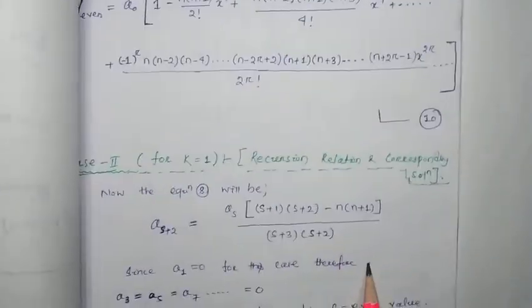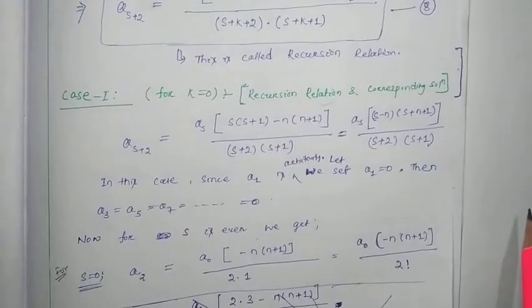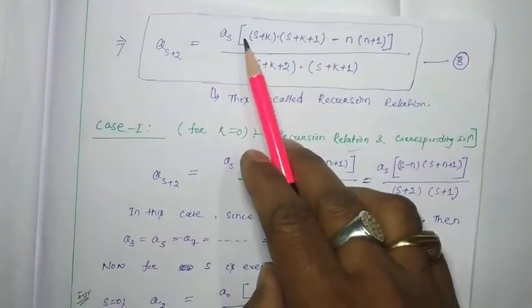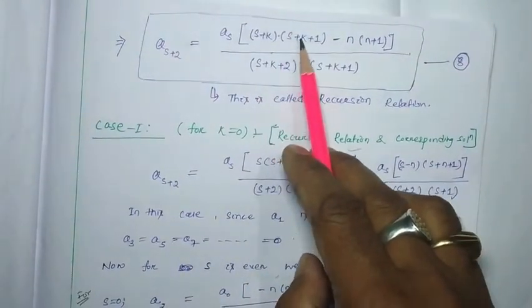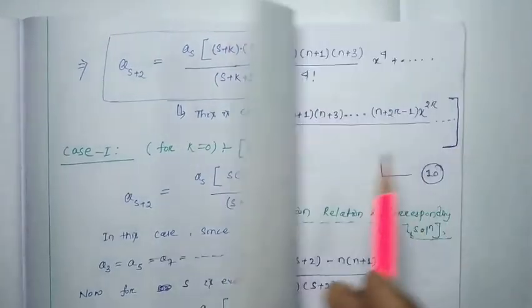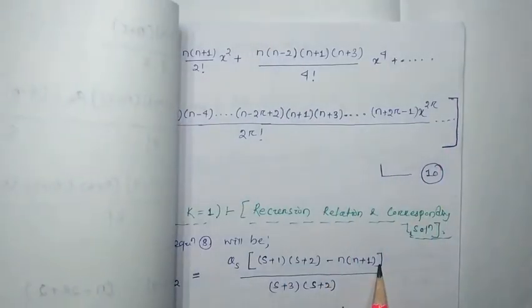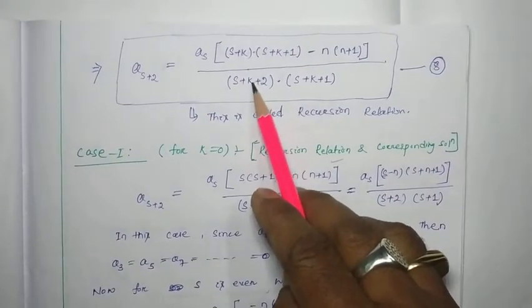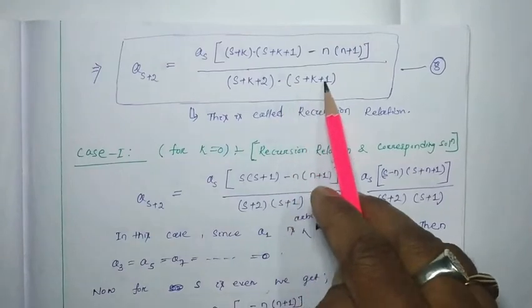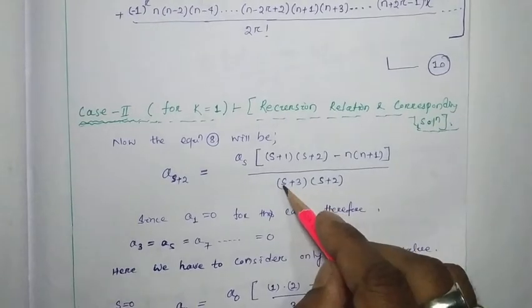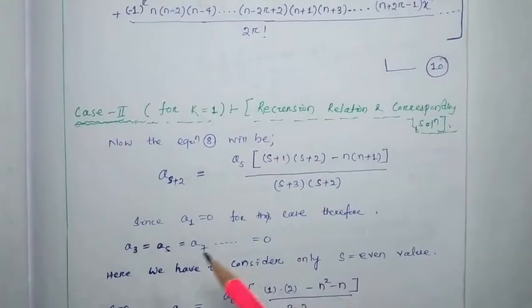As into s plus 1 into s plus 2. See, s plus 1, and k is 1 means s plus 2, minus n into n plus 1, divided by, if you put 1, s plus 3 into s plus 2.